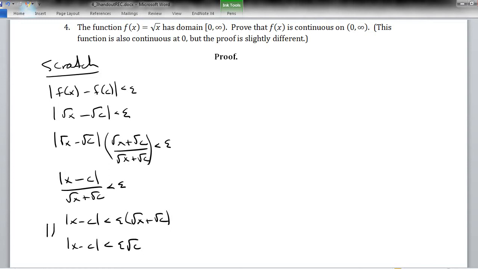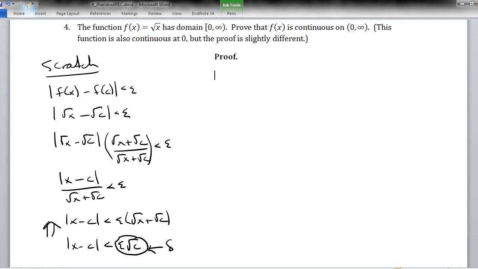And so the last inequality implies the one above it. And since we're going to be following these inequalities backwards in our proof anyway, that's just fine for us. So we can choose epsilon root c to be the delta in our proof.